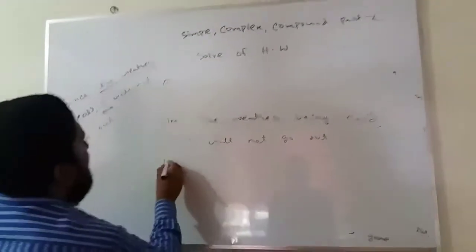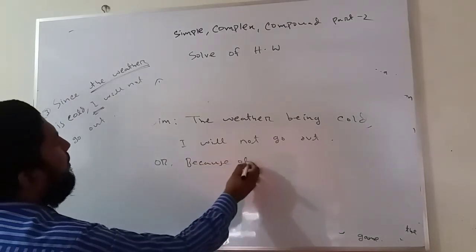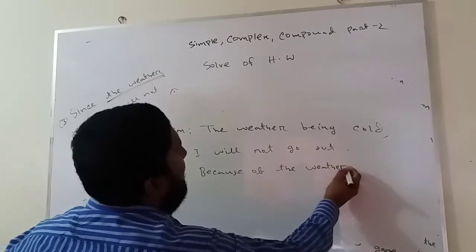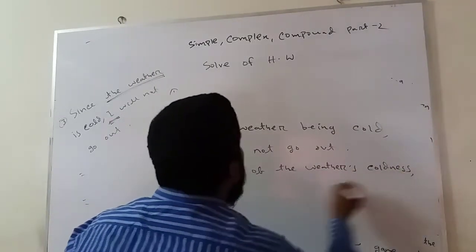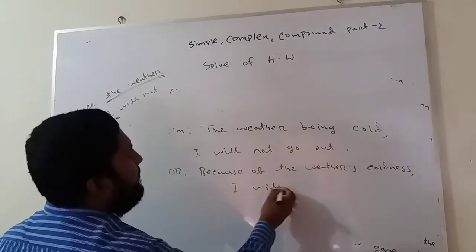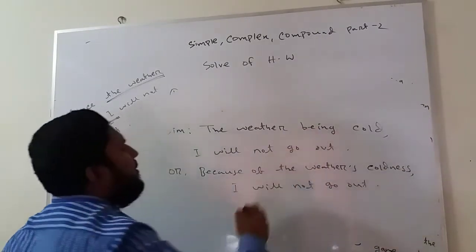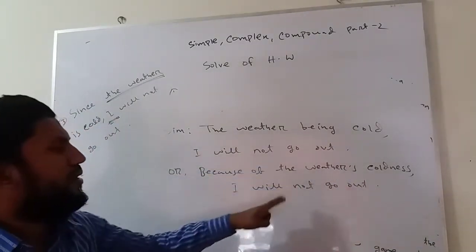Or you can write "because of the weather's coldness, I will not go out." You can write in a different way: because of the weather being cold, I will not go out.